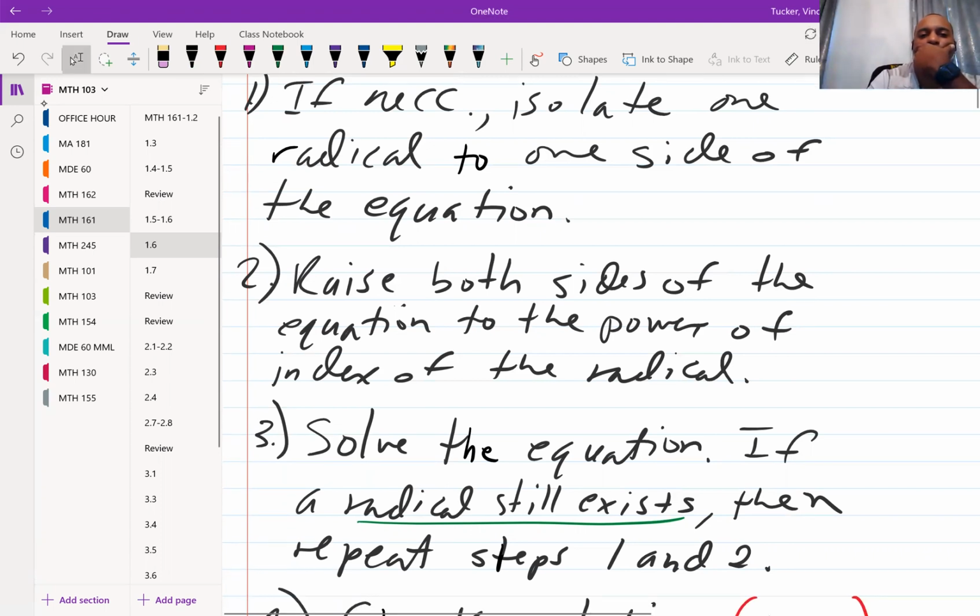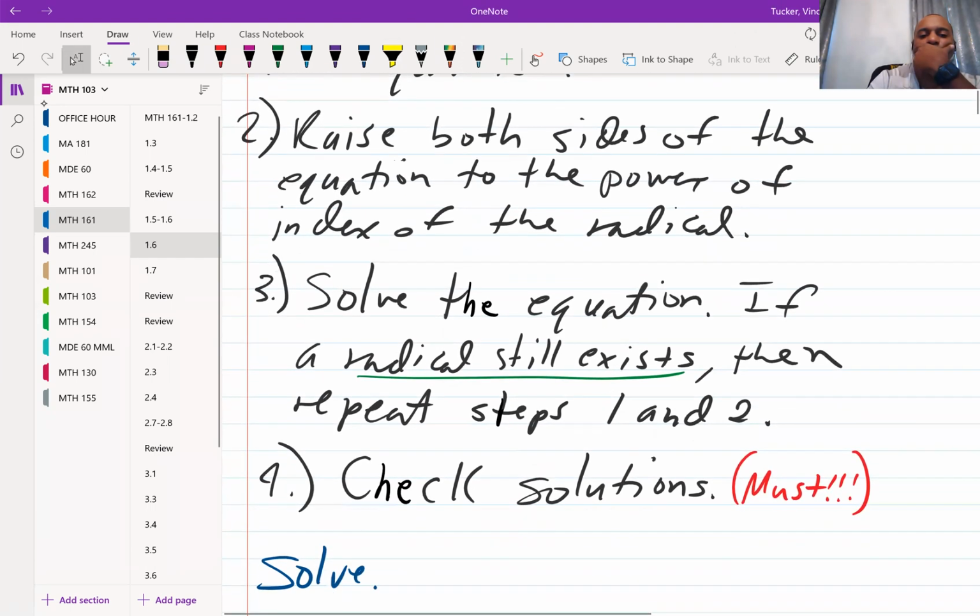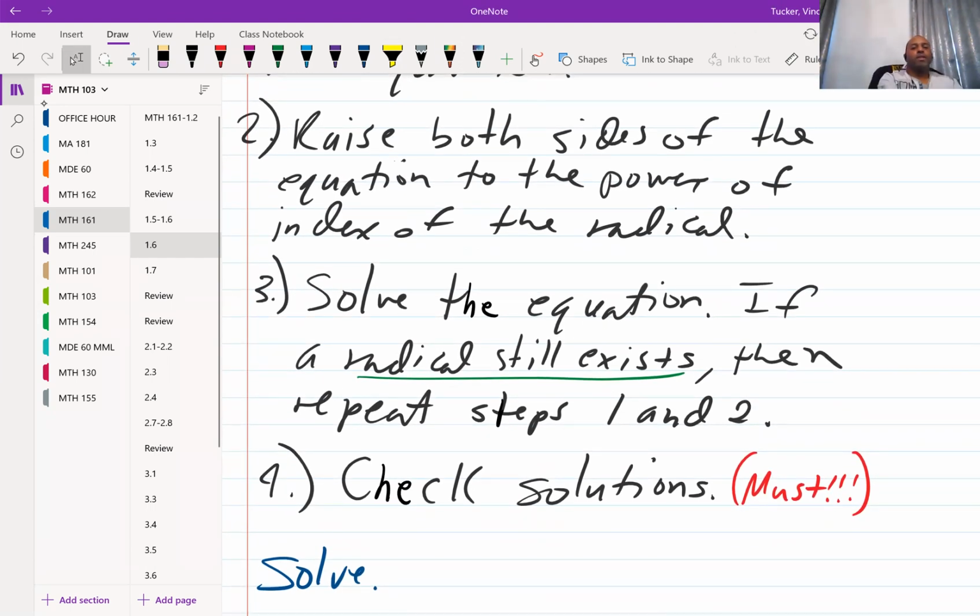Then step 4, check the solutions, and that's a must when dealing with these type of problems. Not because you may get anything wrong. It's just that even if you do it right, you still could have a solution that does not work, especially when you're dealing with even powers or even roots. And so you'll see what I mean in a second.